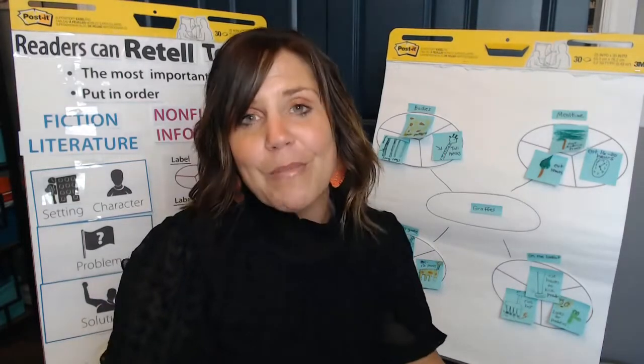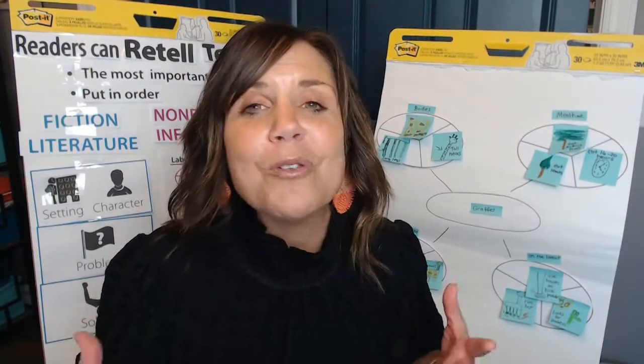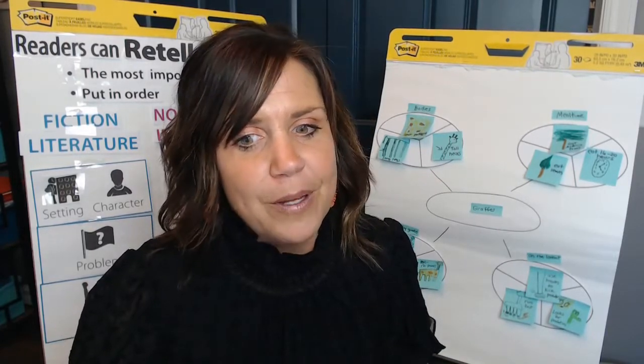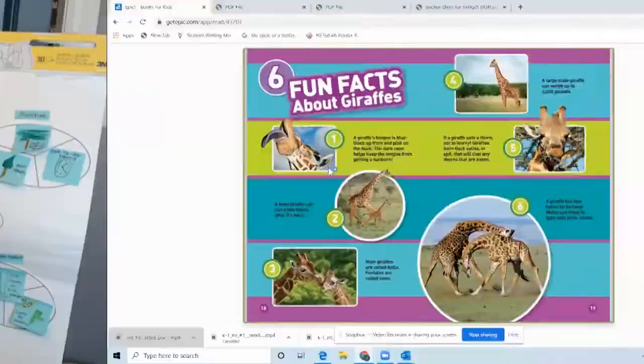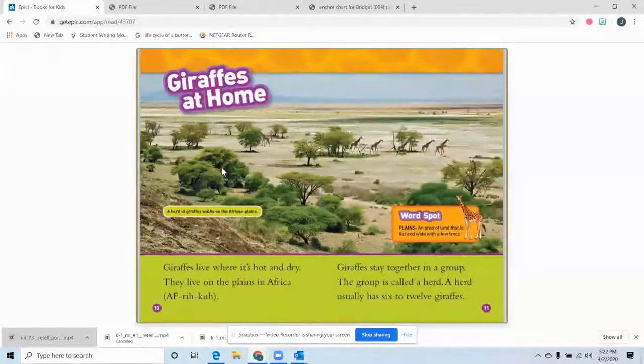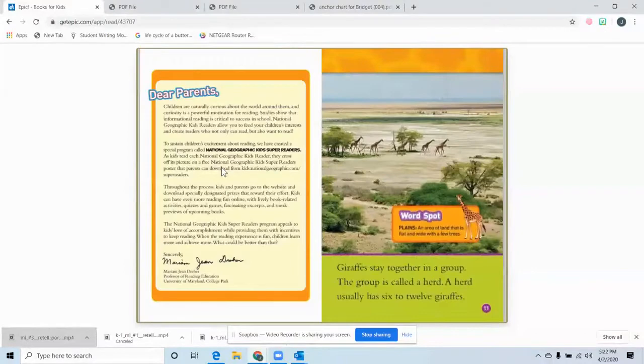Now, if you were in Mrs. Longmire's class, I would have you practice this more with those other sections of this giraffe book. So if we go back to the giraffe book, let me just show you. And we look at the table of contents, that little chart at the beginning that tells you what the sections are.